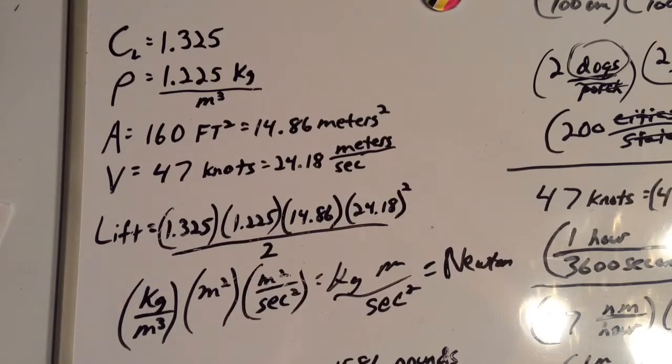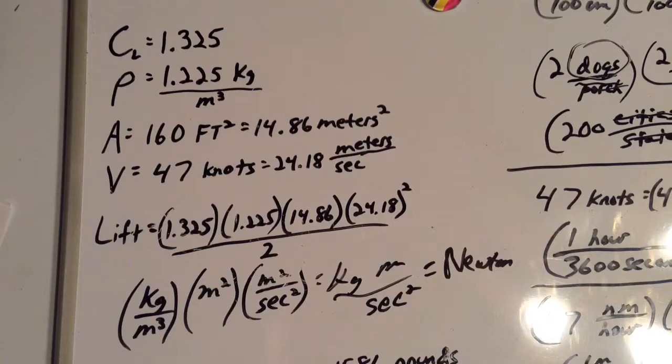How much is a newton? Well, a newton is a kilogram meter per second squared. So if a kilogram is here at the surface of the Earth subjected to the gravitational field of the Earth, which is 9.8 meters per second squared, 1 kilogram is going to weigh 9.8 newtons. A kilogram is about 2.2 pounds, so 2.2 pounds equals 9.8 newtons.